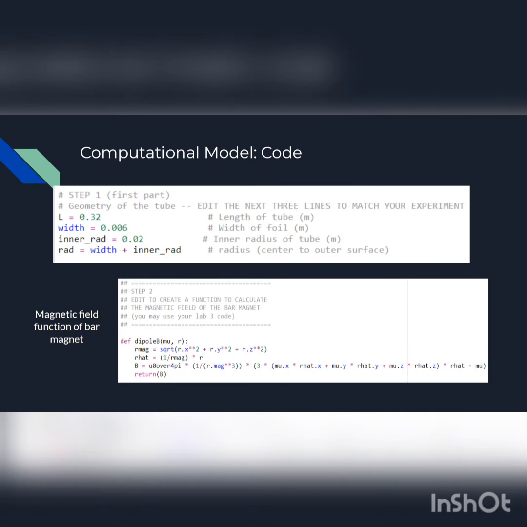So here's the code for our experiment. In step 1, I included measurements from the previous data collected, including the length, width, and inner and outer radius of the aluminum foil tube. In step 2, I wrote the function for the magnetic field of the bar magnet.